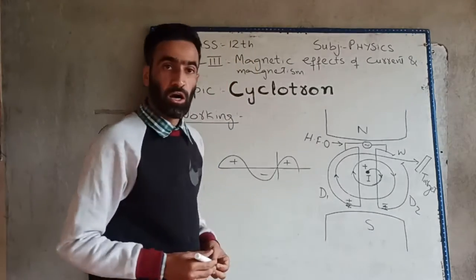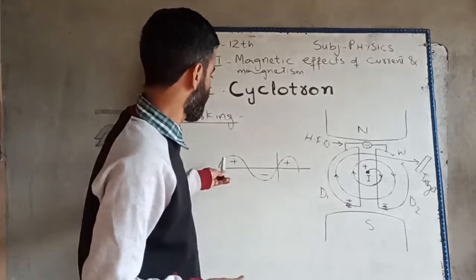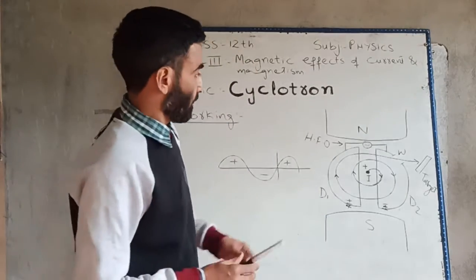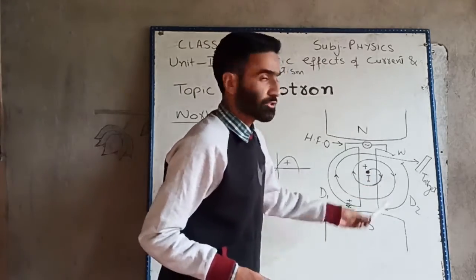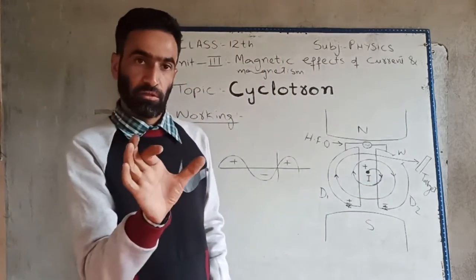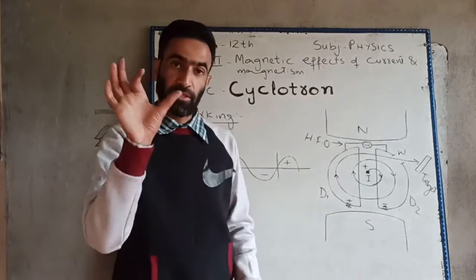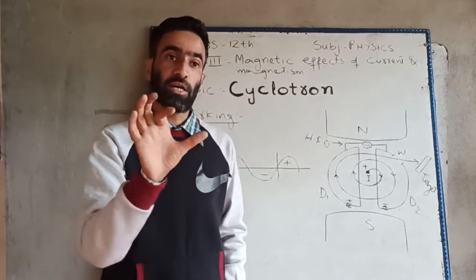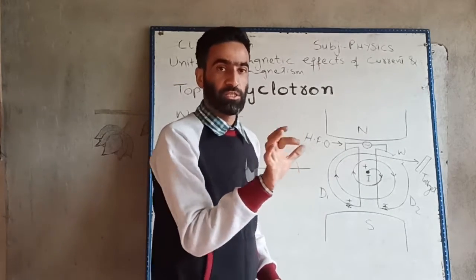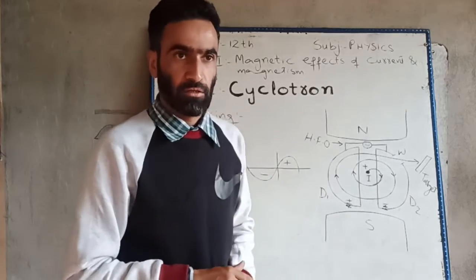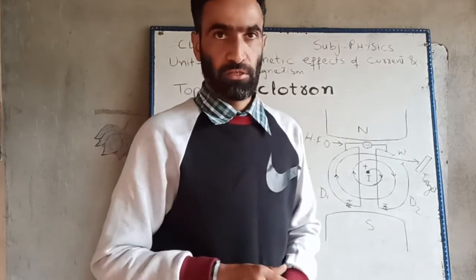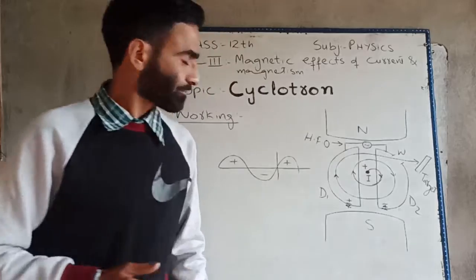So with each half of this input AC, the charged particle should cover the semicircular path within the same time in which the oscillating field reverses its direction. Okay.